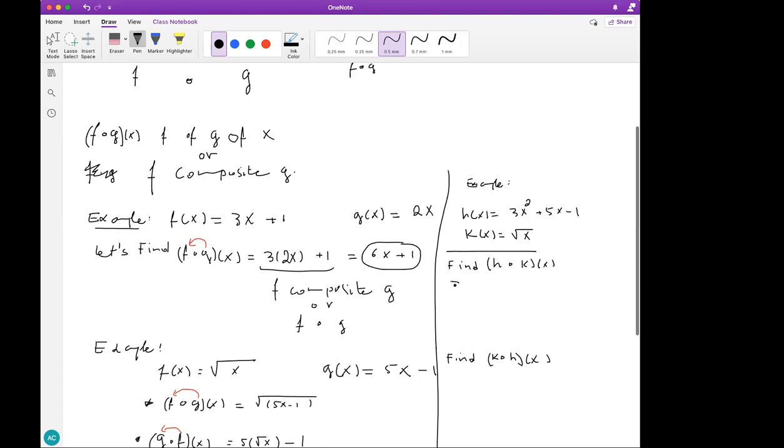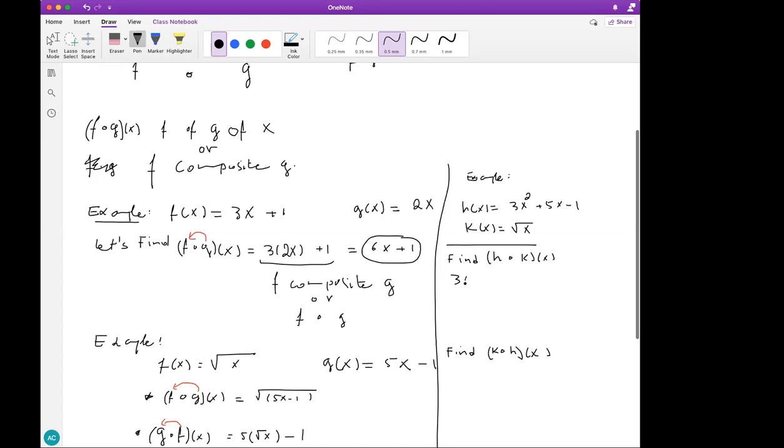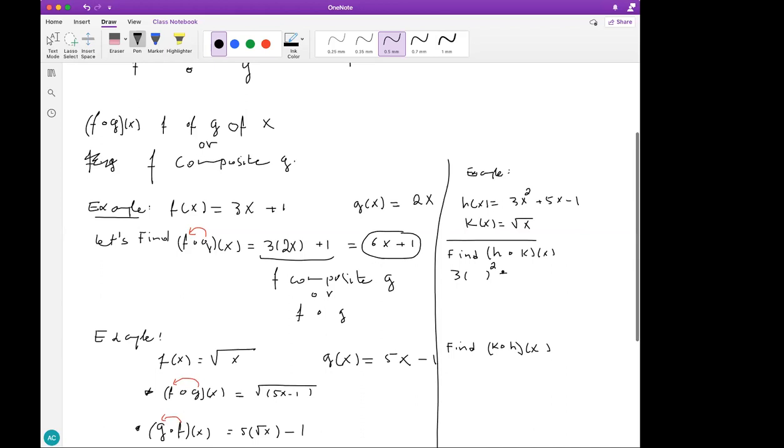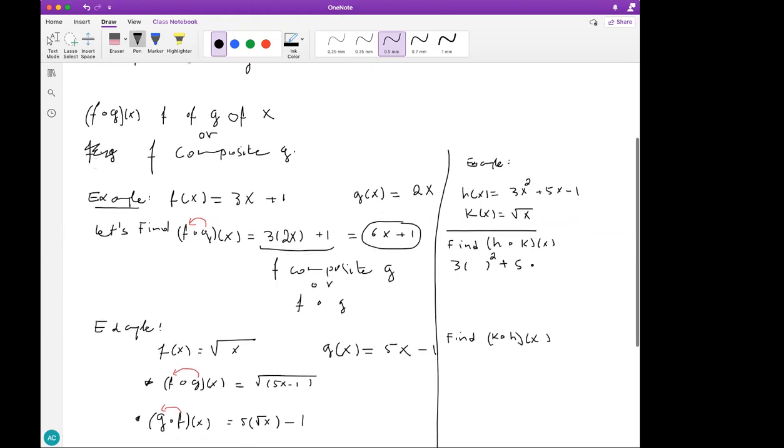So it's going to be 3x over 2, again without the x, plus 5 without the x minus 1. So why is it a plus instead of minus? It should be a minus, that's right. My mistake.